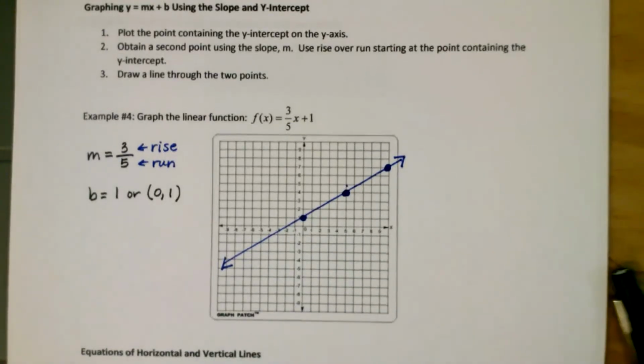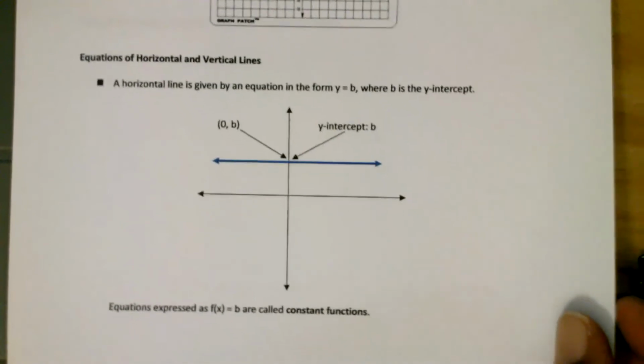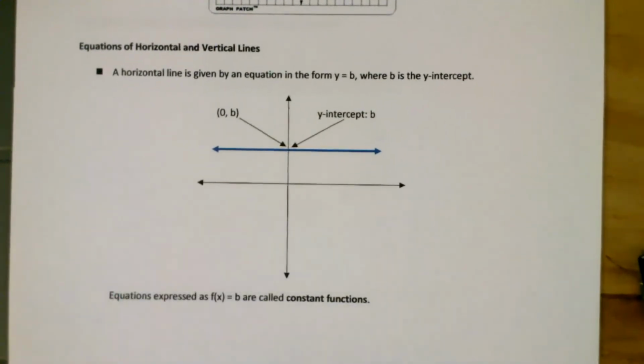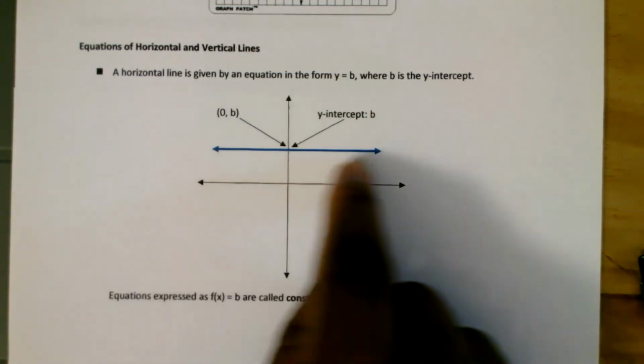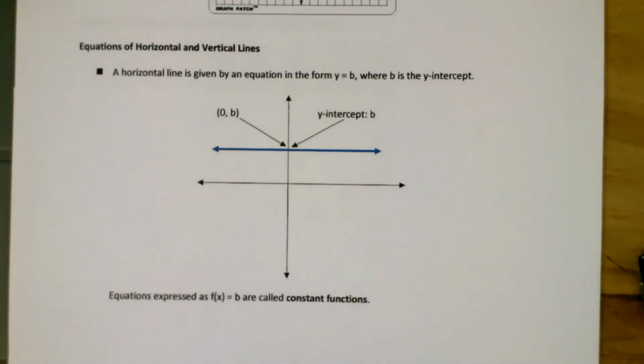Okay. Next, we'll look at equations of horizontal and vertical lines. A horizontal line is given by an equation in the form y equals b, where b is the y-intercept. So here we have a horizontal line going straight through the y-axis at the value of b.